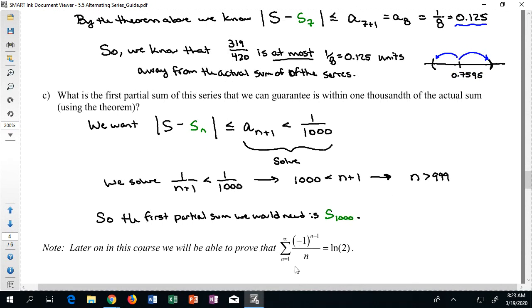Down here, I'll show something extremely surprising: later on in this course, we'll be able to prove that the sum of this series, this alternating harmonic series, is actually the natural log of 2. Now, if you were to type natural log of 2 into a calculator, I bet you could guarantee it's one of the numbers that falls inside that interval we previously constructed.